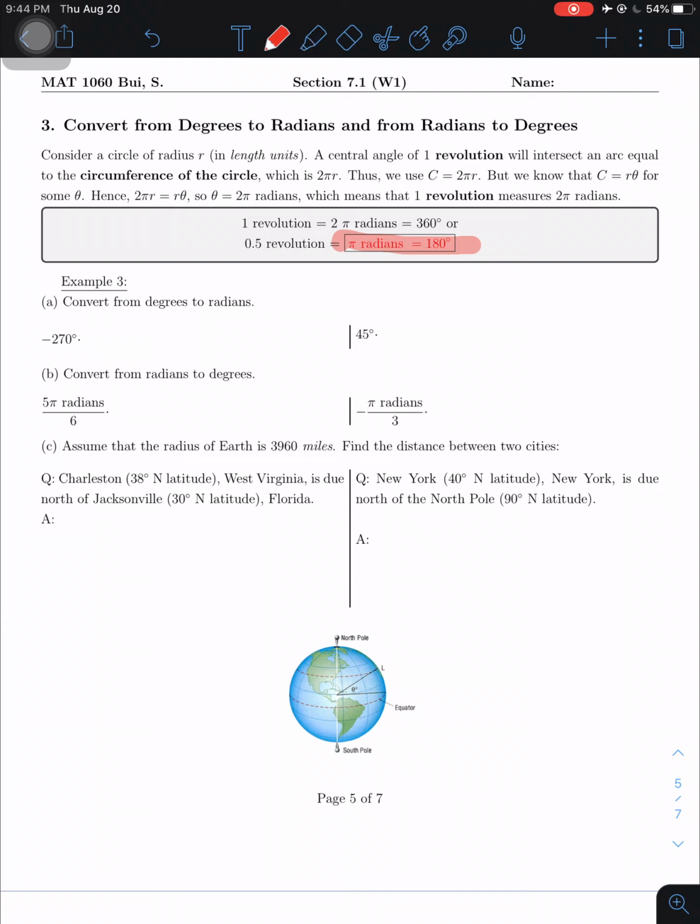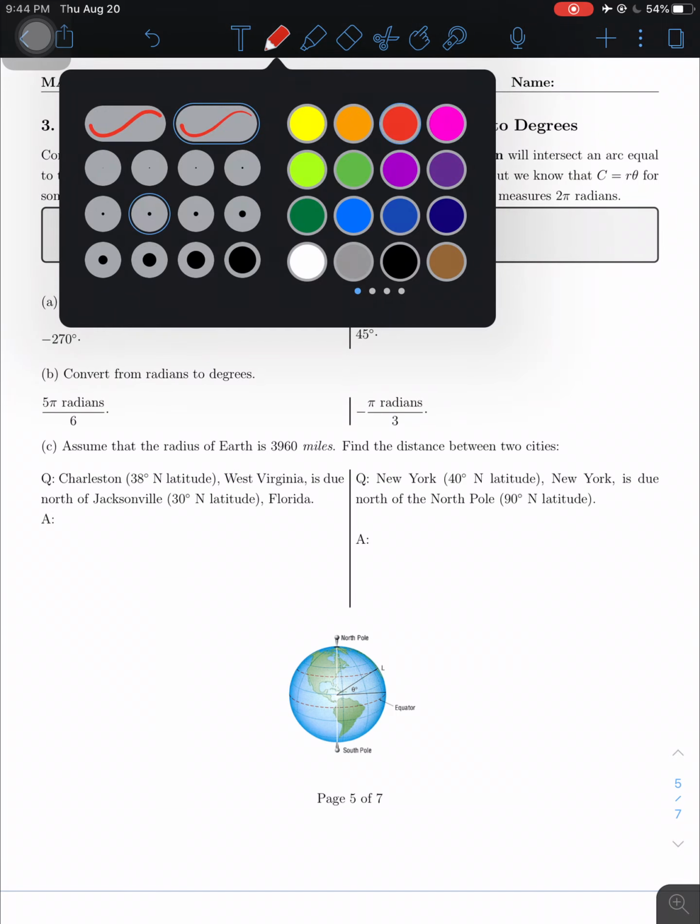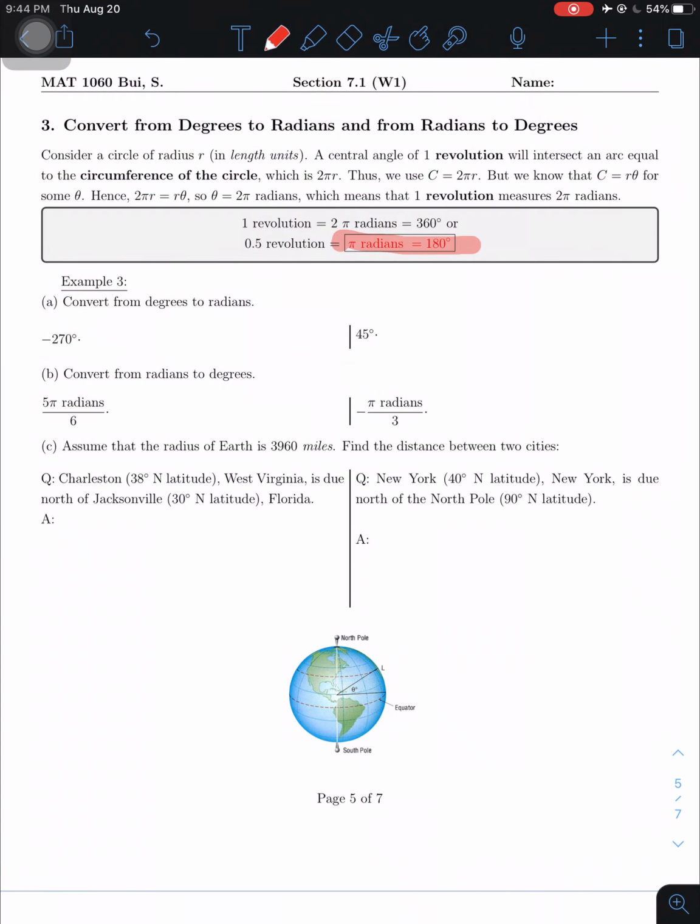So now let's talk about the first example in here, part A. How do we do it? We have the number negative 270 degrees. So I'm going to put the negative 270 degrees in the degree column, which is this one in here. And then for the other spot, since we don't have anything to put there, we're going to have x in there.